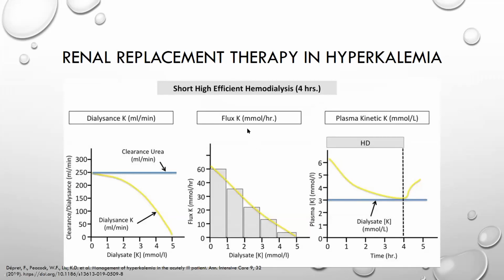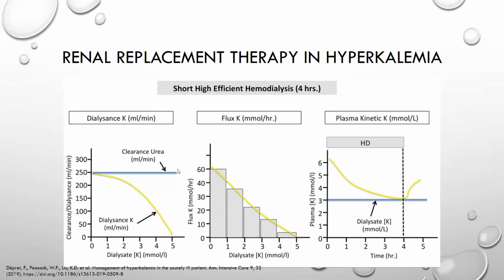So this was taken from Annals of Intensive Care back in 2019. This is essentially looking at IHD, intermittent hemodialysis, for 4 hours. We can think of clearance and dialysate as very similar. On the x-axis, you have your potassium bath, essentially what we're running with. This is your urea clearance, what we typically measure efficiency of dialysis by.